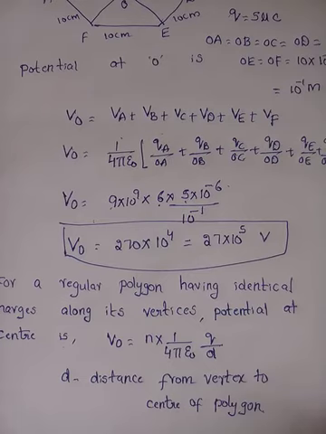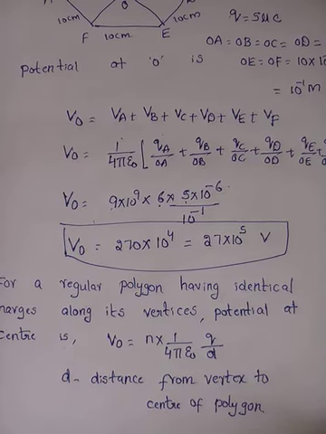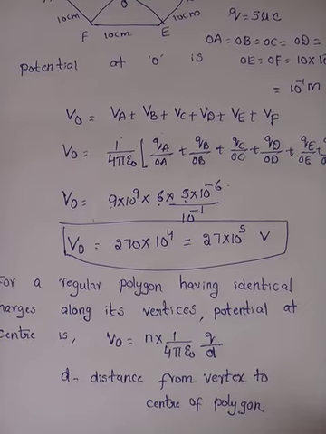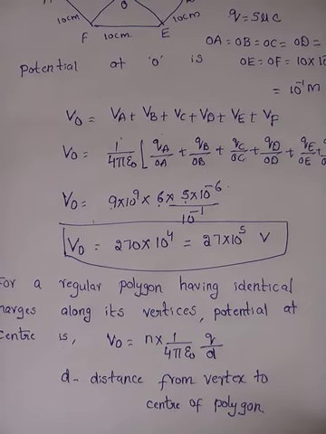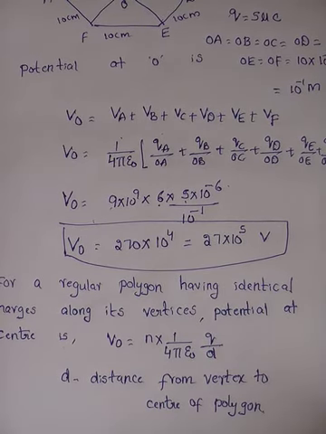If it is a pentagon, N is 5. If it is a square, N is 4. So like this you can change. And D is not the side of the polygon; it is the distance from the vertex to the center of the polygon. Clear? So this is the way to apply the potential due to multiple charges. Is it clear? Yes. Next question.